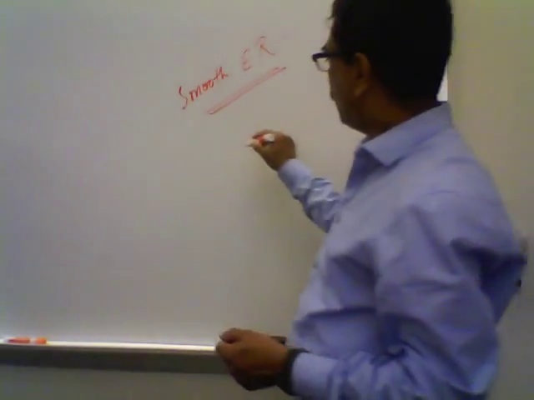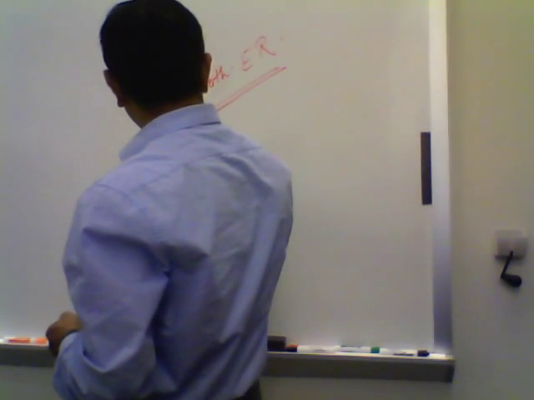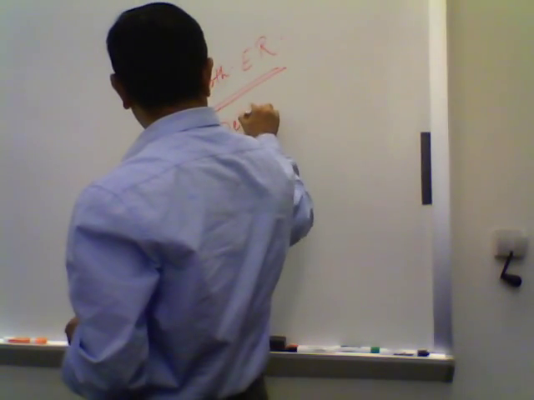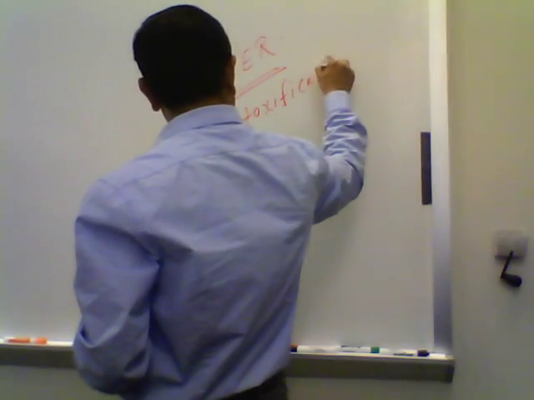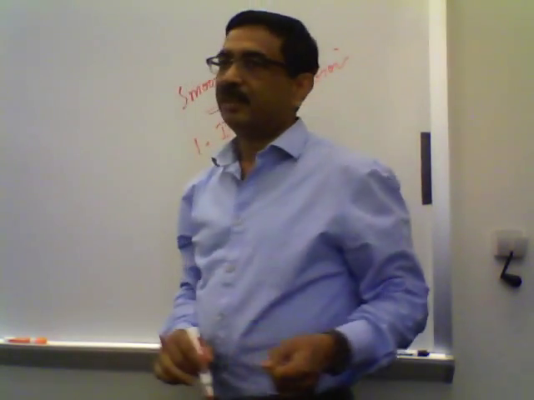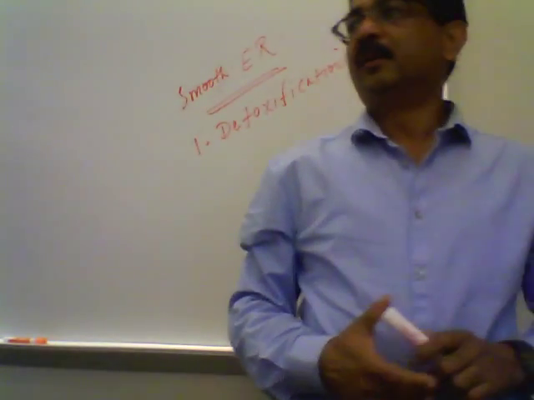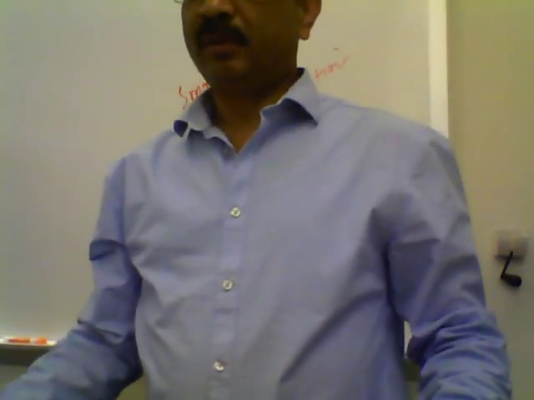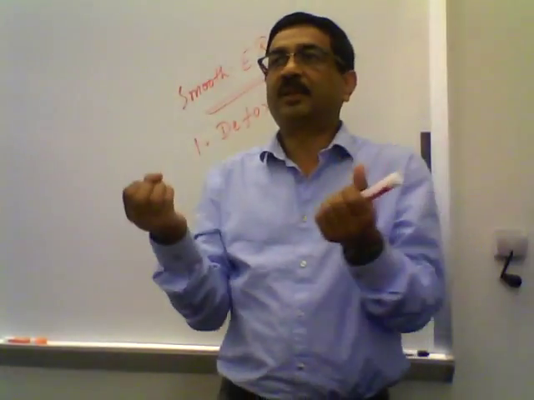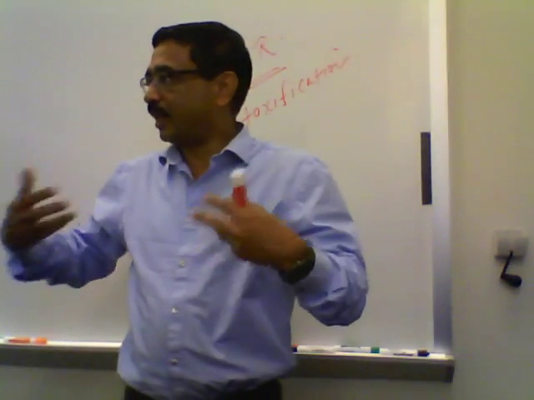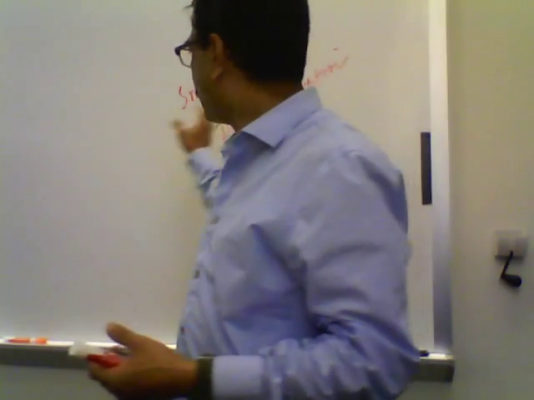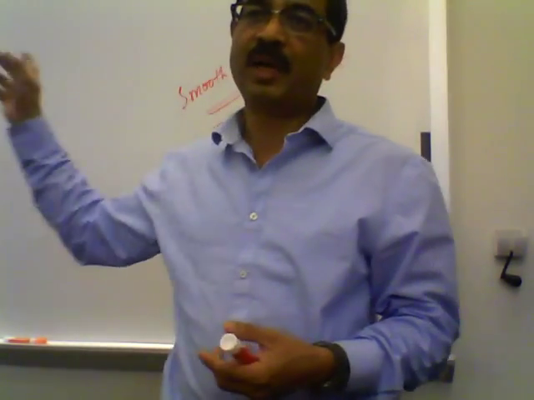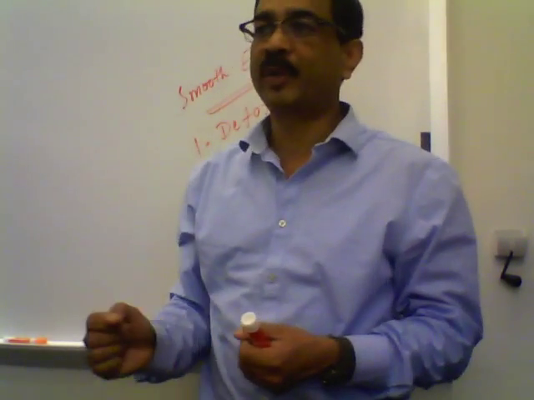Number one, detoxification. Very important function. The harmful chemicals that you take from outside or produced inside the body, many of those harmful chemicals are detoxified, neutralized inside the smooth endoplasmic reticulum.